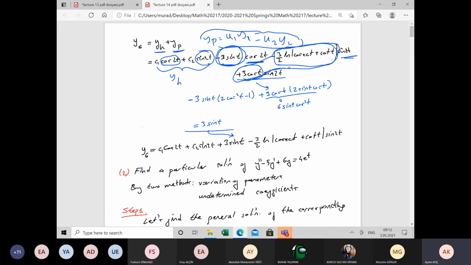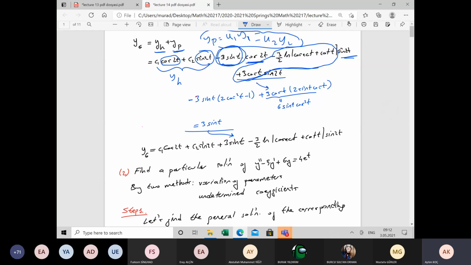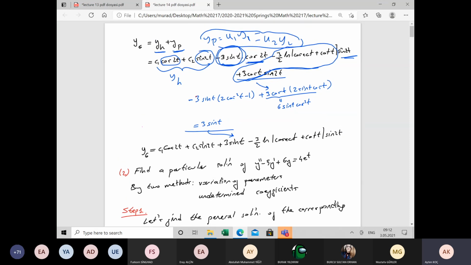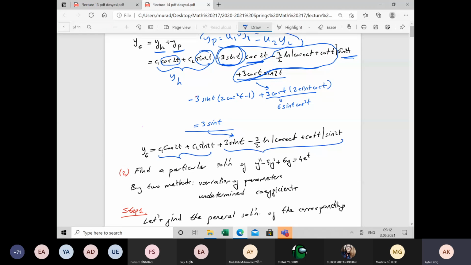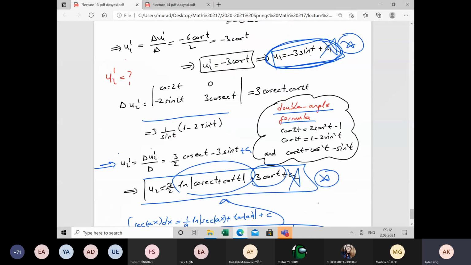It's okay. So we obtain this one and rewrite. So we obtain y sub g, this one is the homogeneous part, this one is the particular solution. It's okay. But we can ignore c1 and c2 here.